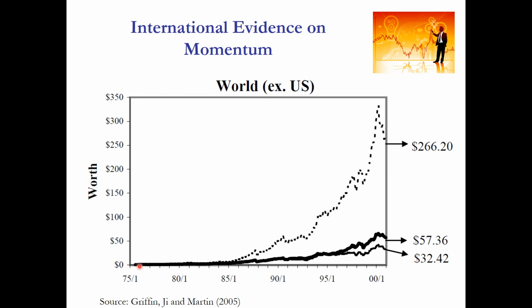You can see that $1 gives a cumulative wealth of $266 from 1975 to 2000 when invested in a momentum portfolio, whereas $1 ended up at $57.36 when invested in a market portfolio. However, $1 ended up at only $32.42 when invested in a loser portfolio. So you can see that momentum is not a phenomenon observed only in a particular time period. It is observed across time.